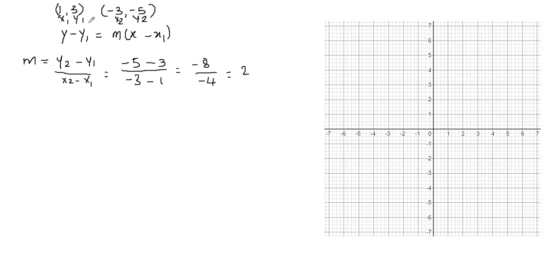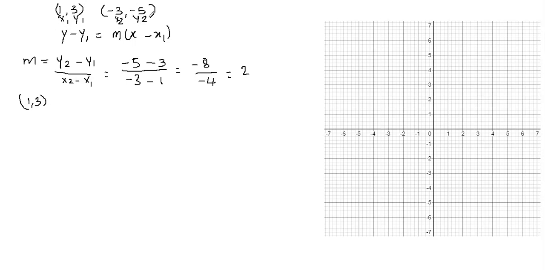I'm going to choose the point (1, 3) because the x and y coordinates are positive in this point and here the x and y coordinates are negative. If you have negatives, just avoid using them because that will make your problem more complicated. And if I choose the other point, I'll still get the same exact answer.